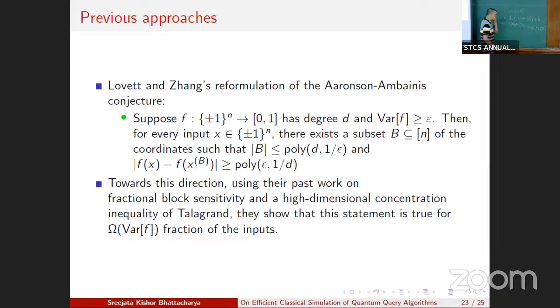So they use this geometric inequality of these classic parameters. And they have some other notions they introduced in a previous paper called fractional block sensitivity. Using that, they do this, and we prove this by just direct hypercontractivity, like following the steps of Beame.